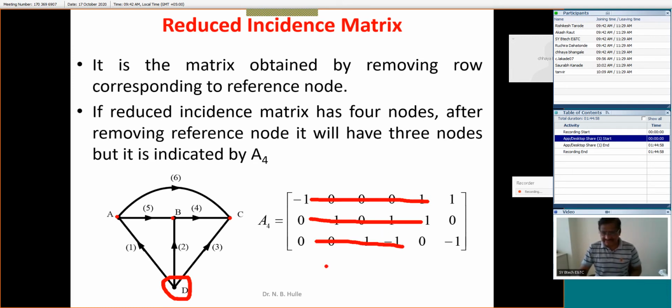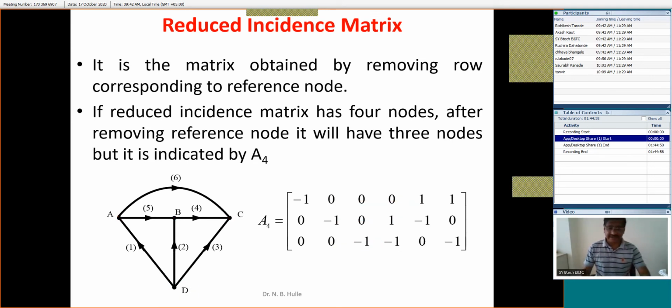And if D is reference, remove the last row. Is it right? In this reduced incidence matrix, we are deleting the entries of the node which is taken as the reference node or ground node or bottom node. And that matrix is known as the reduced incidence matrix.